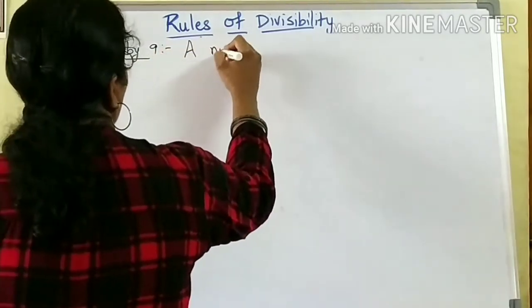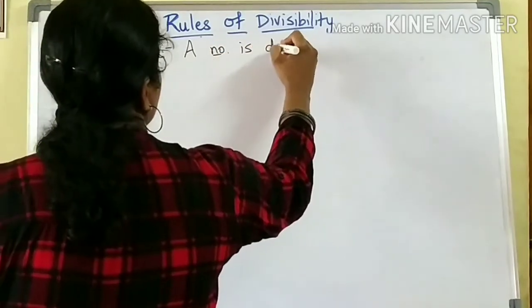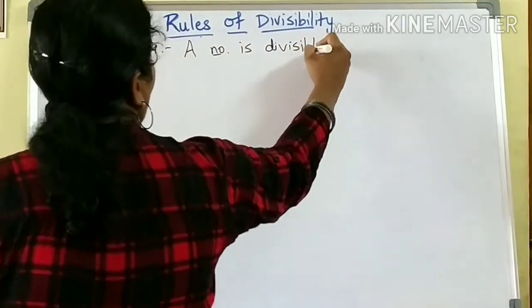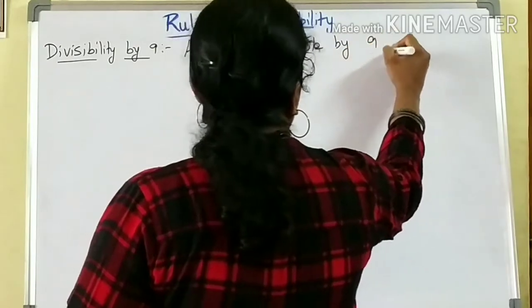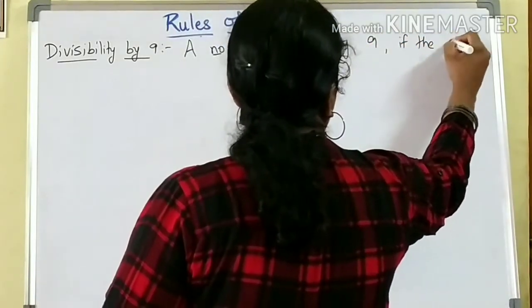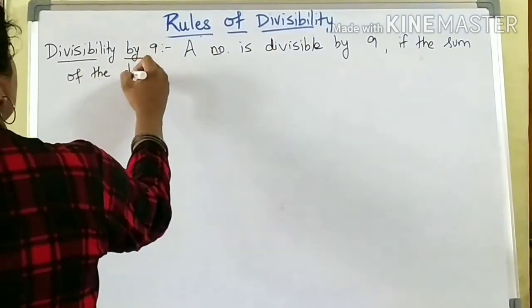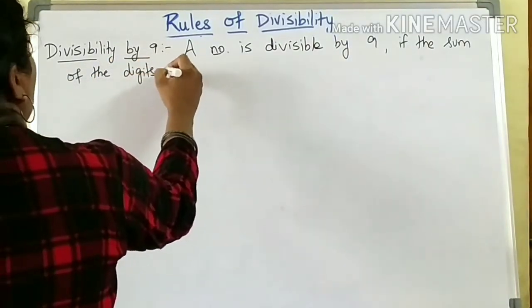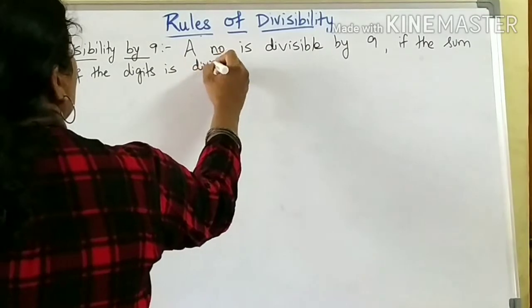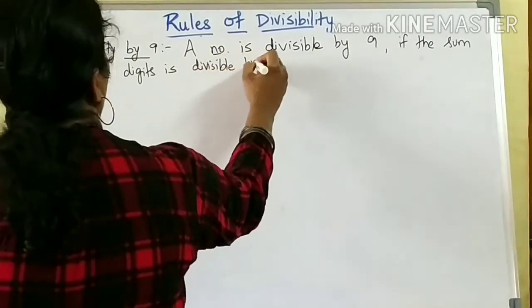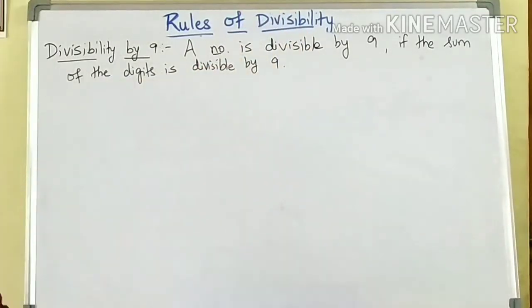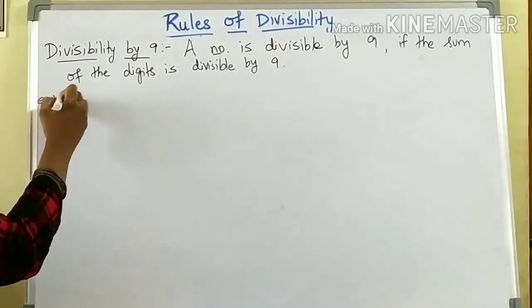Coming to the definition, a number is divisible by 9 if the sum of the digits is divisible by 9. Sum means what here? Addition.